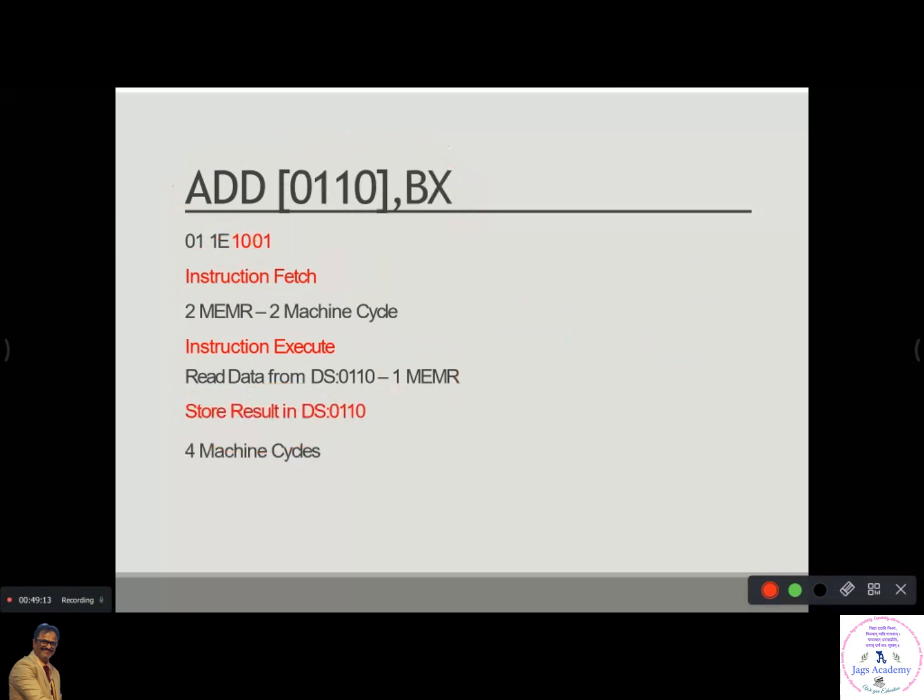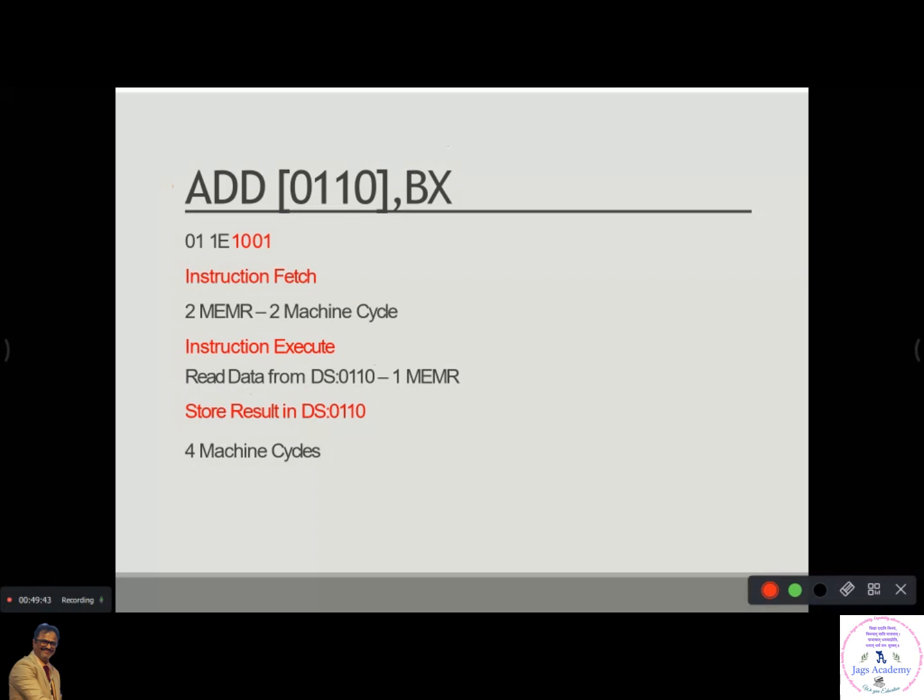Similarly, can you tell me how many machine cycles this requires? It's already there, okay? But you tell me how many are required. Why are there 4 in this? I want somebody to tell me. Of course, it is getting the data from the memory, and also it is putting data into the memory. So you have 2 cycles for opcode fetch, of course, this is your opcode machine code.